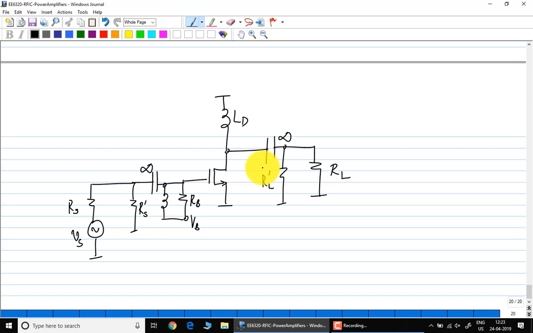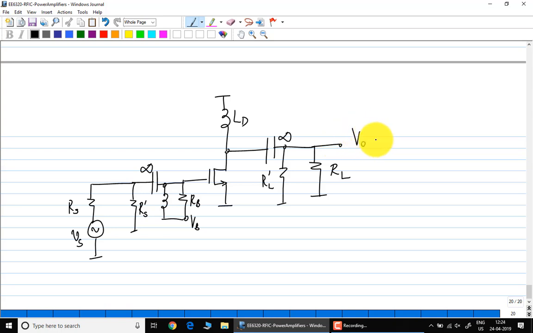No, why? VDD is an AC ground, no? Why will the AC get affected? VDD squared by... Correct. What is the maximum swing available at this node?